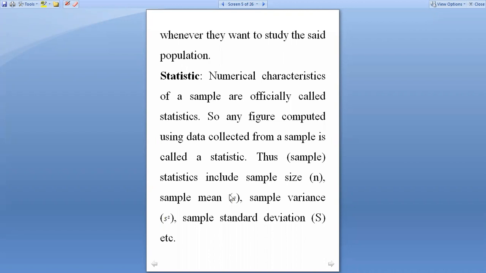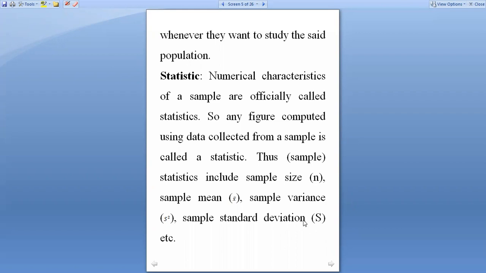We have the sample mean, abbreviated as X bar. You see this X with a bar on top of it. You also have the sample variance, abbreviated as capital S squared, and the sample standard deviation, abbreviated as capital S without a square, and many others.